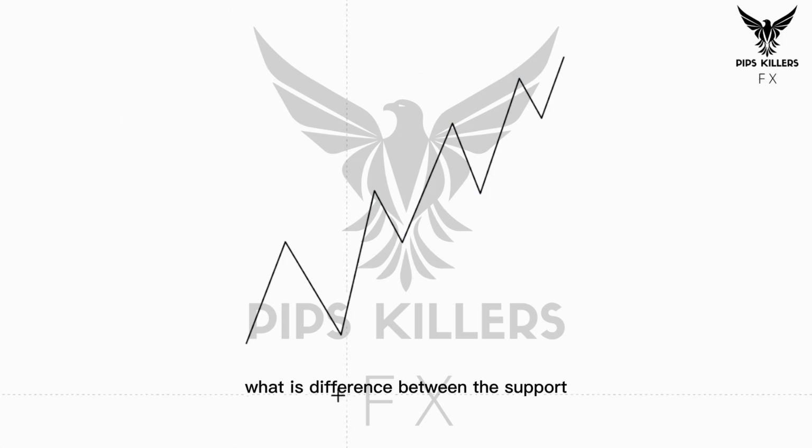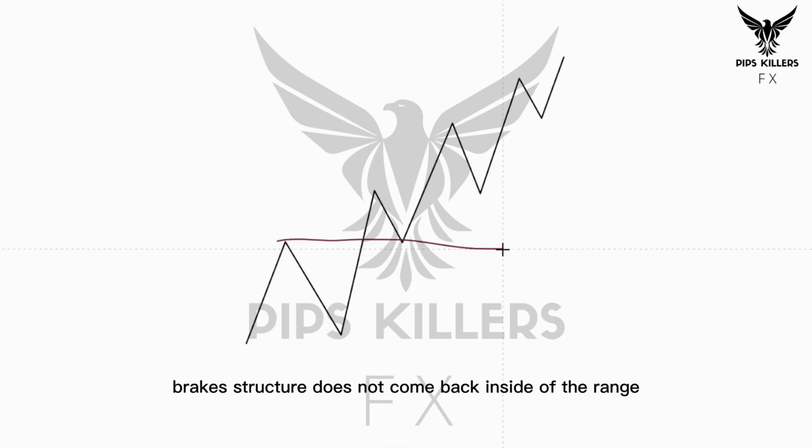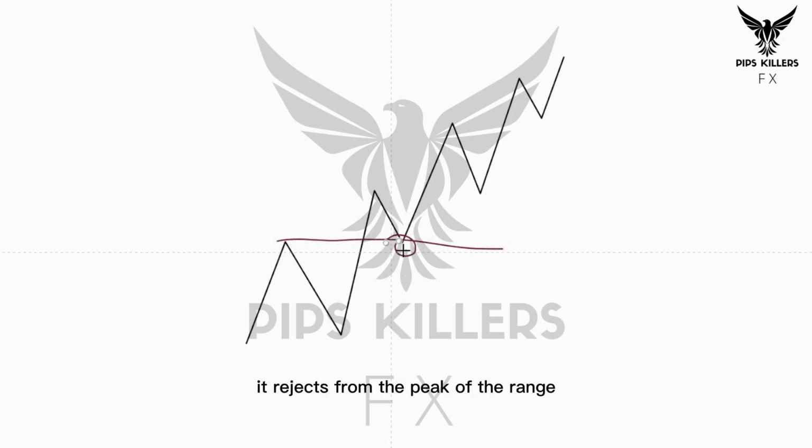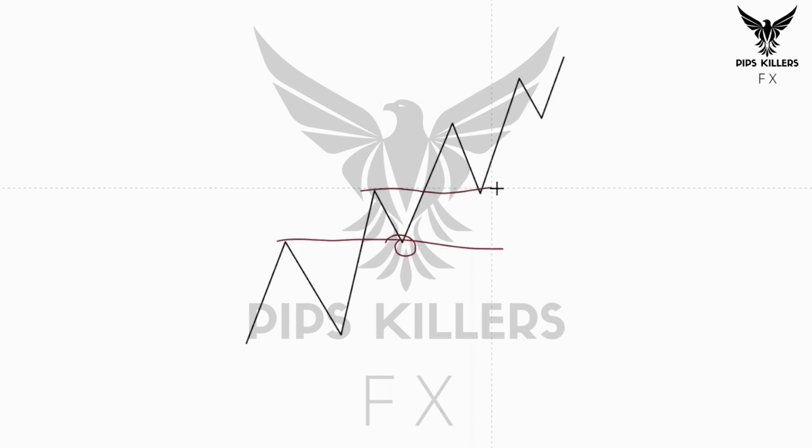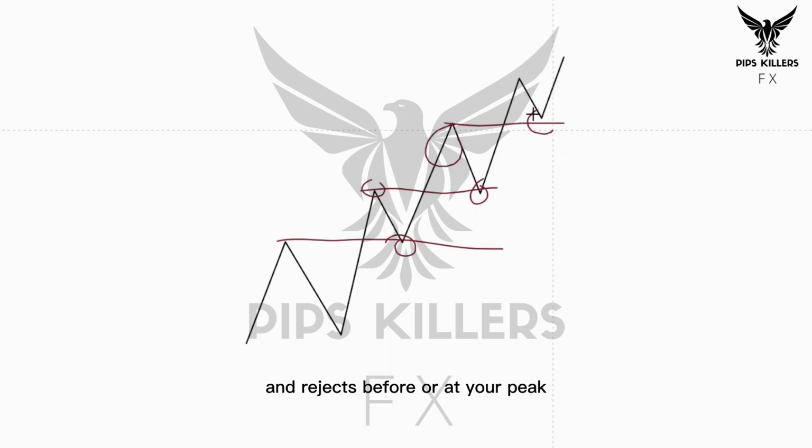What is the difference between the support and resistance structure and the supply and demand is the fact that when price breaks structure, it does not come back inside of the range. It rejects from the peak of the range or rejects right above. Same with here. Price breaks structure, but rejects at your peak. Price breaks structure and rejects before or at your peak. It does not come back inside of the range.